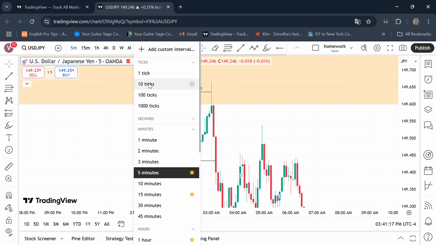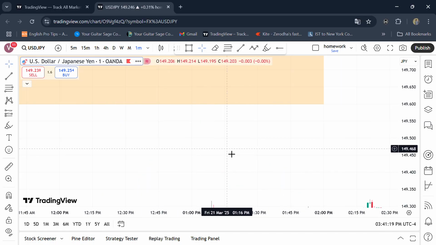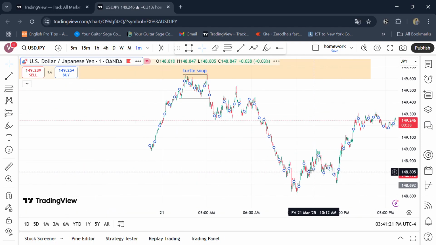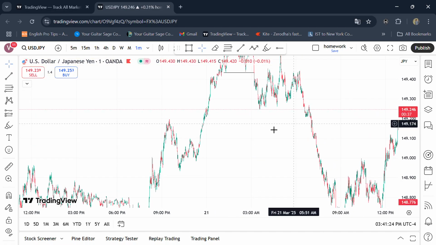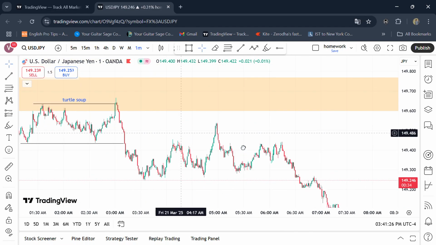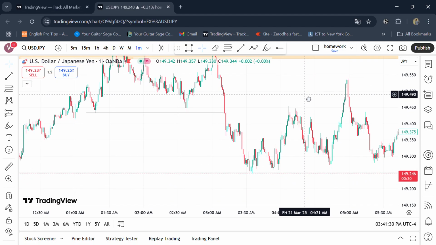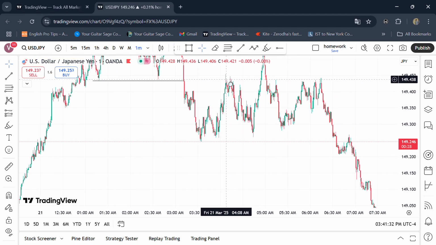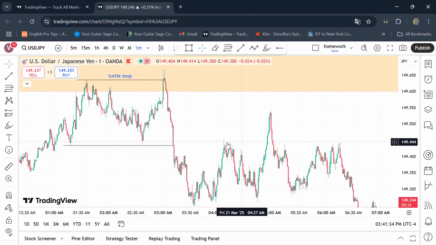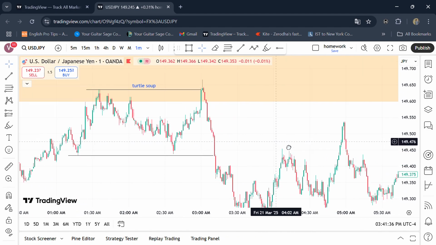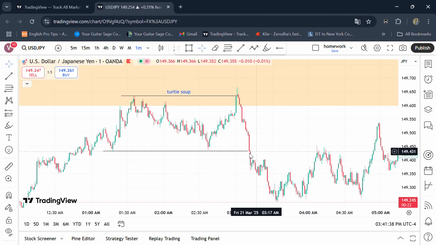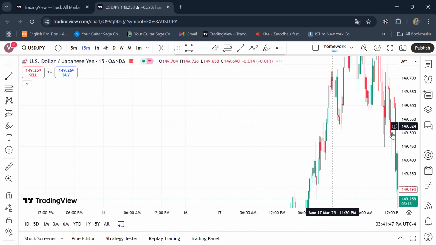If we go in 1 minute, okay. So as soon as this broke, the price broke the swing low, I entered in this trade.